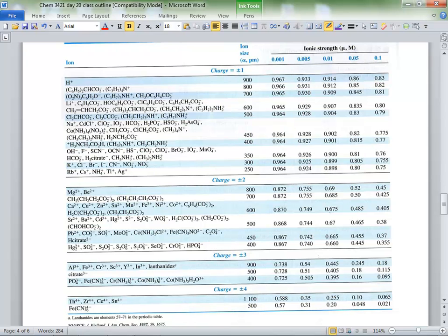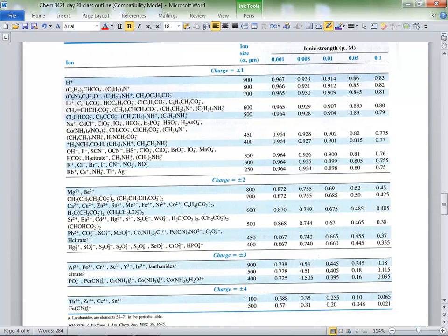What's the definition of activity? I would call it the effective concentration. When we think of concentration, we think of the number that we use to plug into pH and all these expressions to get the right answers. Concentration isn't good enough. You have to plug in the effective concentration, the concentration that's really active. So it's your concentration, but you multiply a little fudge factor by it.